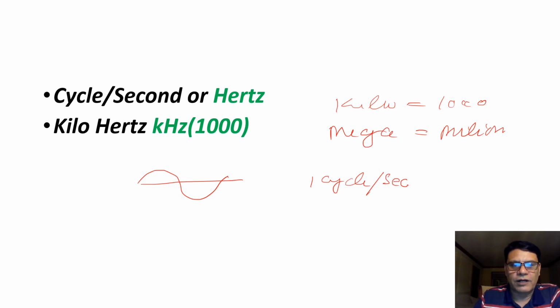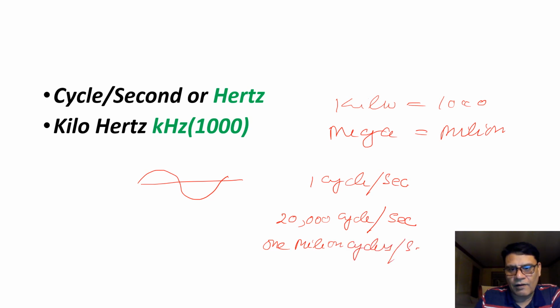If you say 20 kilohertz, it means 20,000 hertz, so 20,000 cycles are passing through a specific point in 1 second. And when you say megahertz, it means 1 million cycles are passing through a specific point in 1 second.